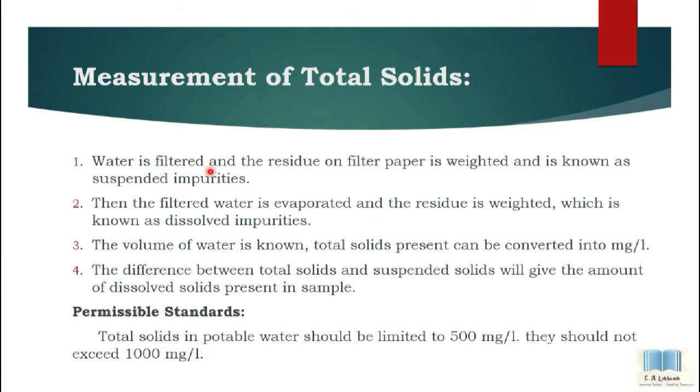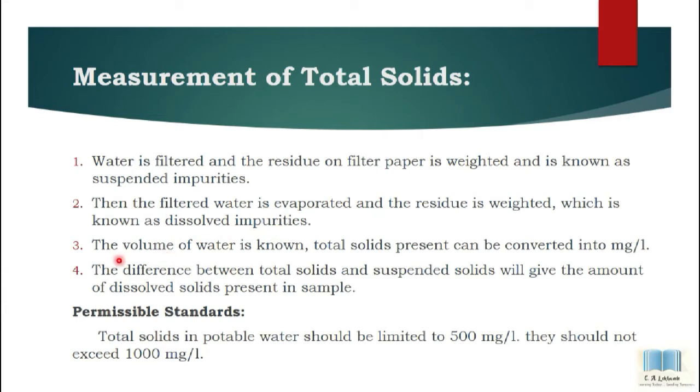Water is filtered means here a water sample is taken, then passed through Whatman filter paper and the weight of impurities present on the filter paper is recorded, which is known as suspended impurities. Then the second point is the filtered water is evaporated and the residue is weighed, which is known as dissolved impurities.